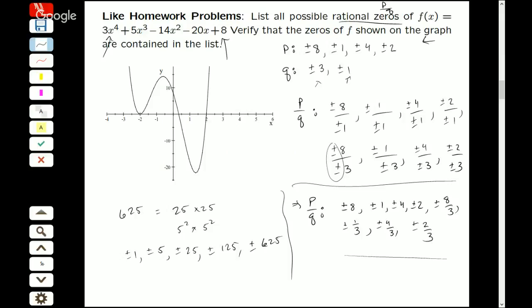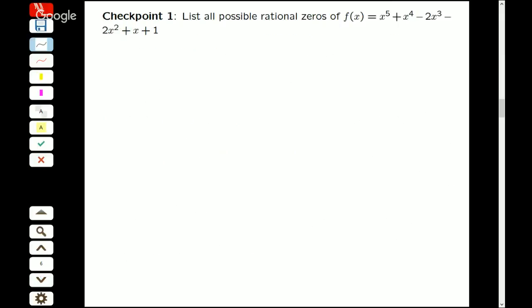Okay, so let's continue. You get to try one. I gave you an easy one, though. So for this, you always put the highest exponent, yeah. So this is like a 1 right here, and so the P's come from that one, the Q's come from that one. It's P over Q. So what are the factors for P?